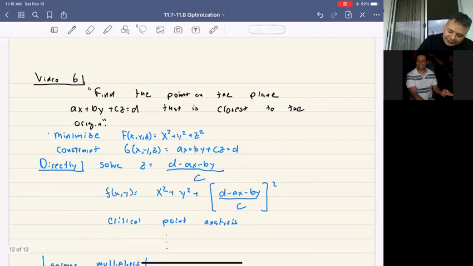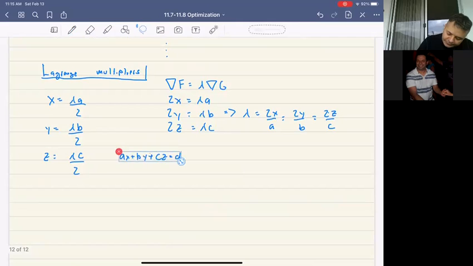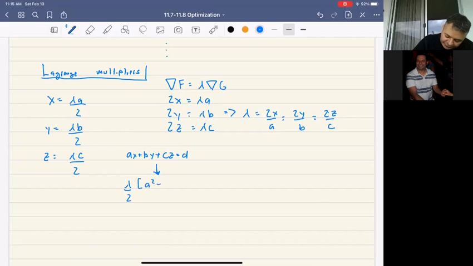Together with my constraint, that means that we're going to have lambda over 2 times a squared plus b squared plus c squared equals d. Okay, that's of course when this is going to happen. So, sorry, d is equal to this thing.